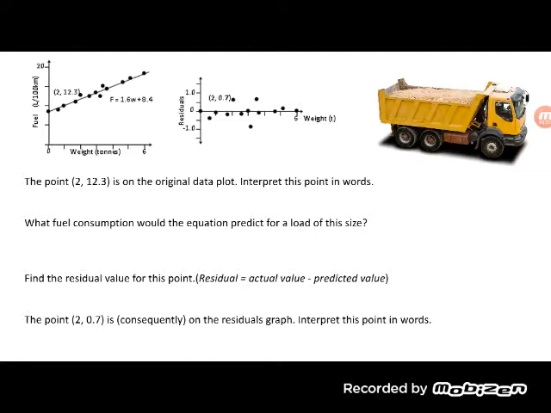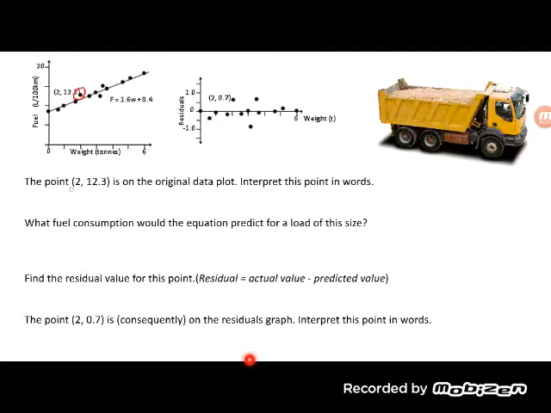Here we go. Right, so these are the type of questions that come up pretty frequently. We're told here that the point (2, 12.3) is on the original data plot. There it is there. Interpret this in words. Okay, so this simply means 2 is the weight in tonnes, so 2 tonnes, and 12.3 is the litres per 100 kilometres of fuel consumption.